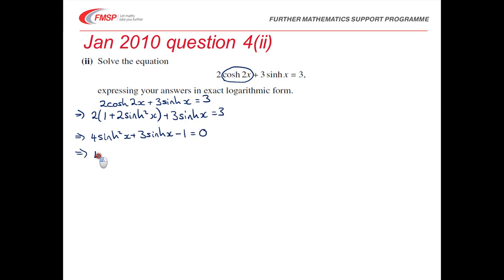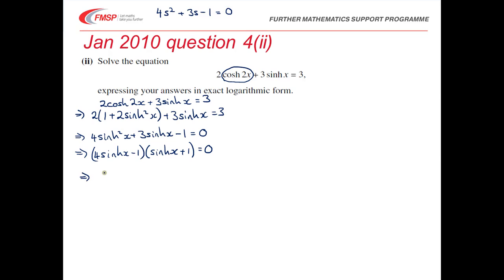I can factorise that to get 4 sinh x minus 1 multiplied by sinh x plus 1 equals 0. If you find that difficult, then just rewrite it. I'll show at the top 4s squared plus 3s minus 1 equals 0. That might make it easier for you to get your head around the factorising.